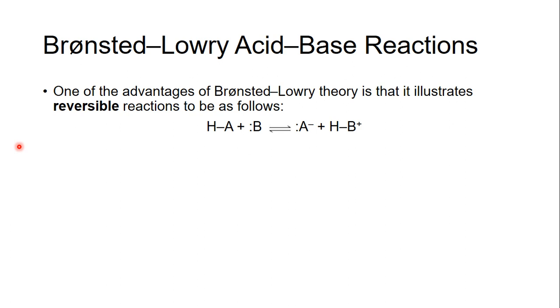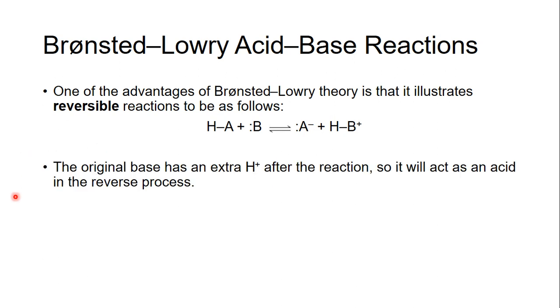The good thing about looking at acid and base reactions through Bronsted-Lowry is that these reactions are reversible. For example, we have our acid and our base, and on our product side, we can just reverse this reaction, and now our former base is our new acid, and our former acid is our new base, and we can just do this over and over again.